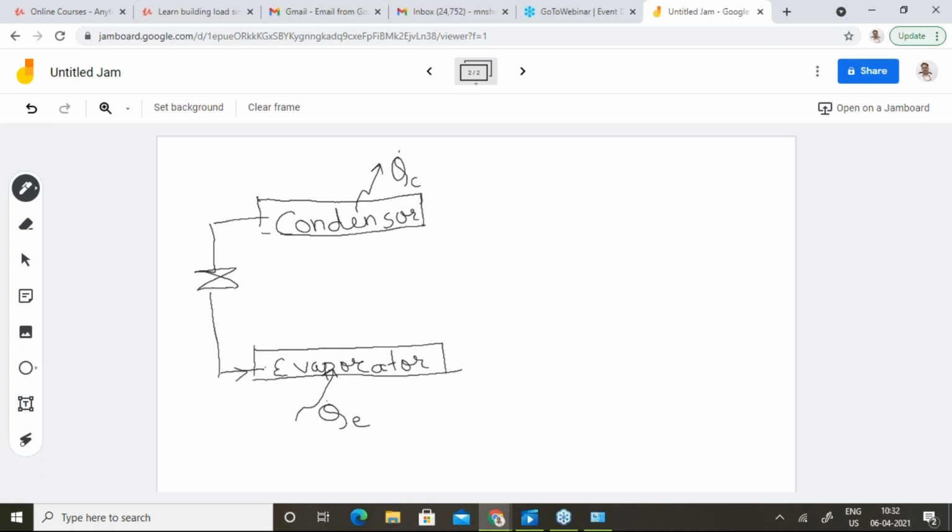So this we have studied when we studied the conventional compression system, and we know that on this side, that is at the outlet of the evaporator, the refrigerant flows into the compressor, and the compressor would maintain the pressure difference between.